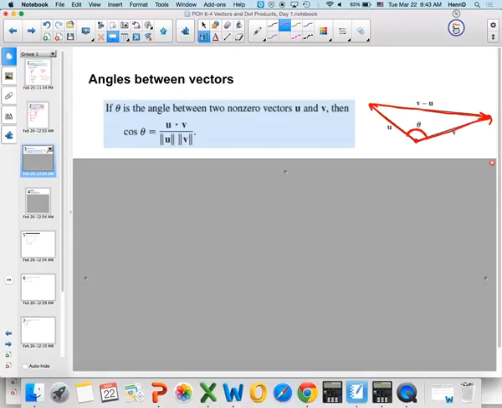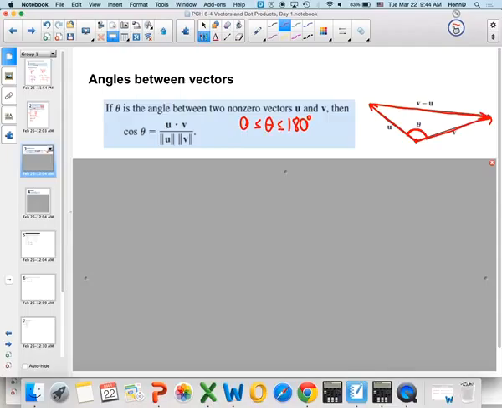A couple of things here that you need to understand. First of all, the angle that you're going to find will always be less than 180 degrees. Okay, or I should say less than or equal to 180 degrees. All right, theta will always be between 0 and 180 degrees.